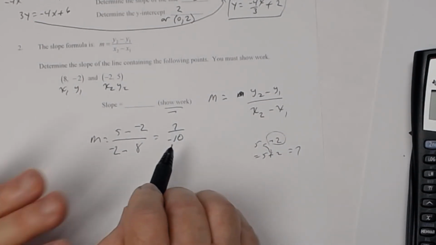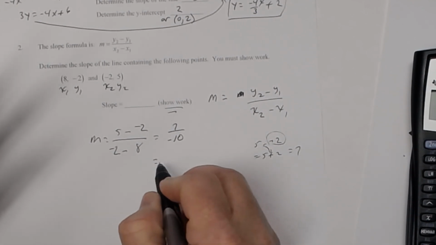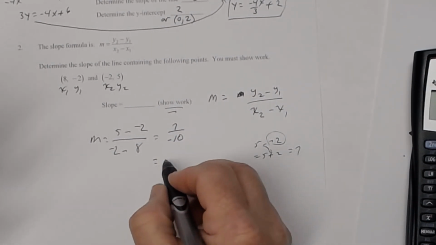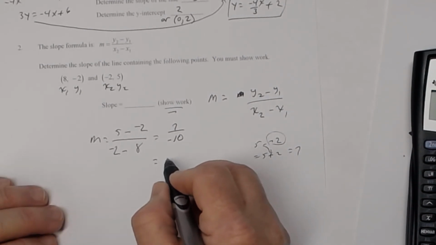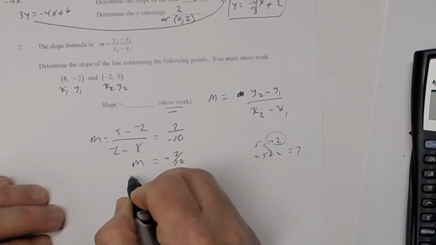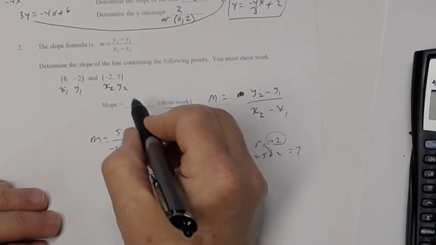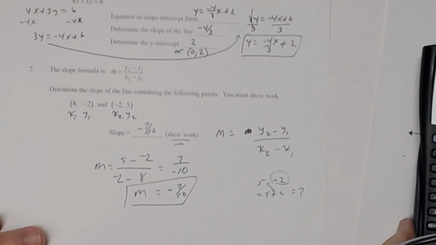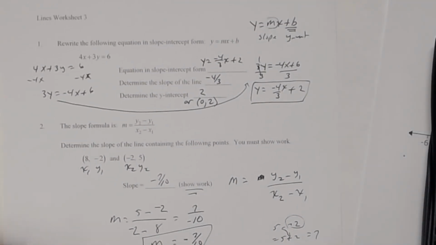And then reduce if you can. I cannot reduce, but notice it's negative, right? That's what you wanted. What some students do is they prefer to write this as a negative 7/10, just like this. So there's your slope, negative 7/10. You can put negative 7/10 here. All right, so that is the key to this worksheet.